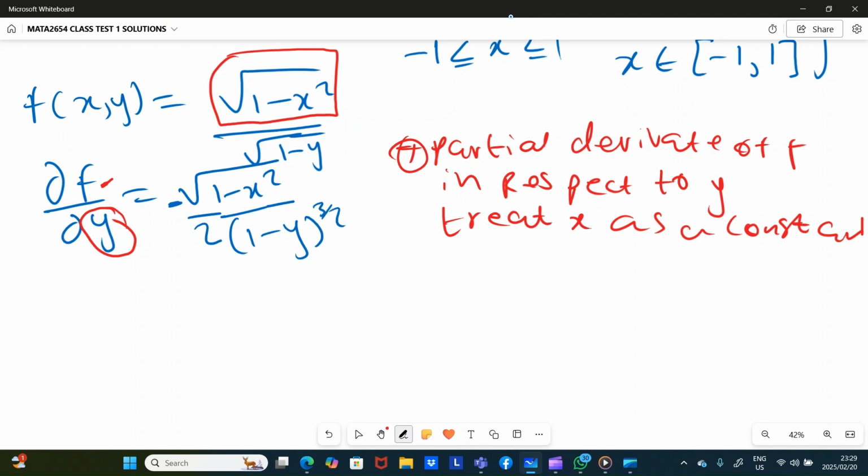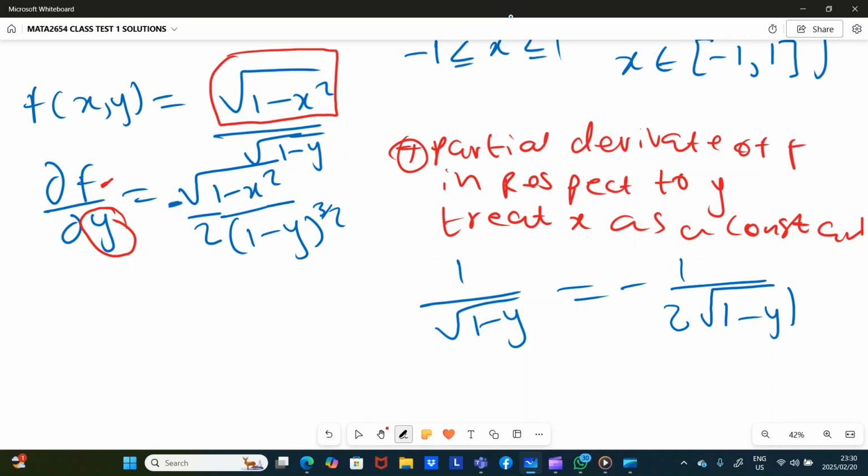The derivative of 1 over root of 1 minus y is minus 1 over 2 times root of 1 minus y all to the power 3. So this and this are just one and the same thing.